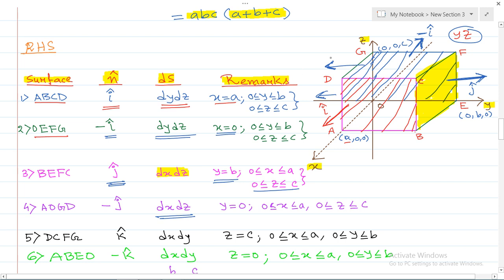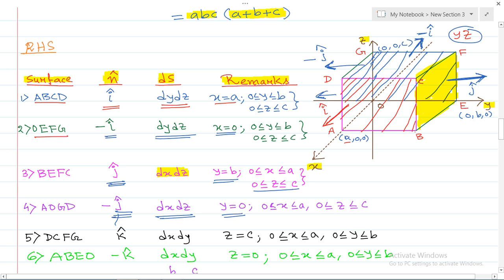So the unit normal is going to be minus j cap here. For this surface AOGD, y is exactly equal to 0, while x will vary from 0 to a, that is 0 to capital A distance, and z will vary from 0 to c, that is O to G. This height is nothing but 0 to c.